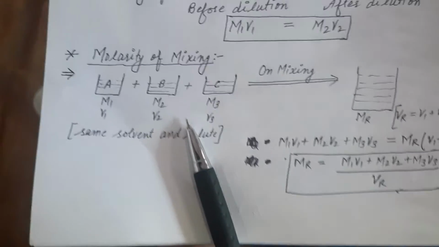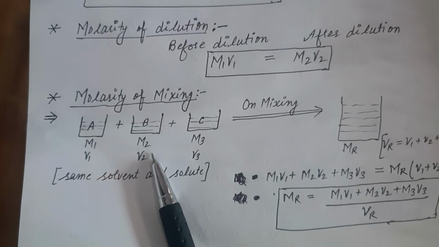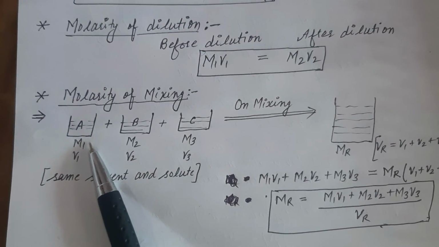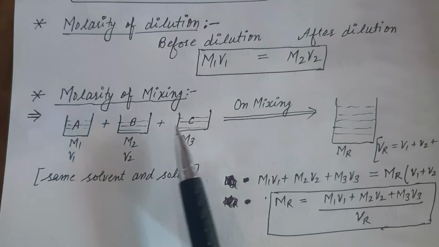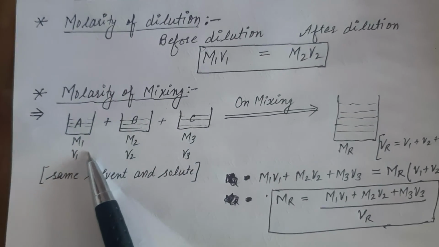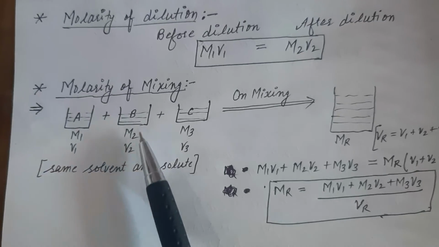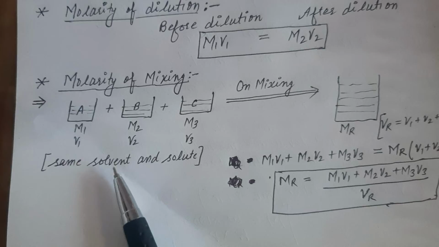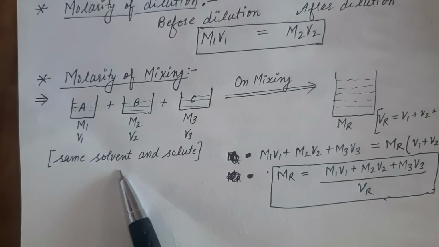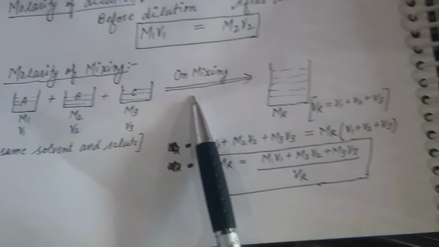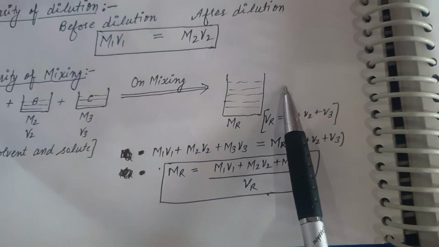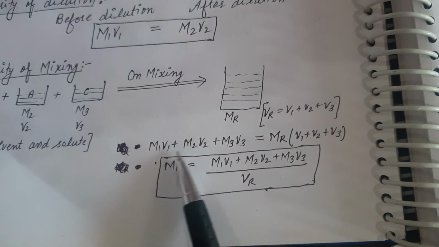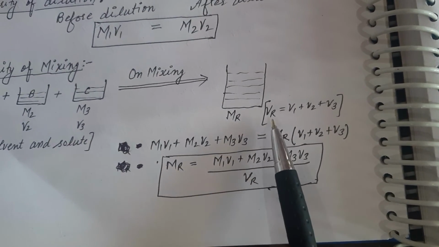Molarity of mixing. There are three solutions A, B and C having molarity M1, volume V1, molarity M2, volume V2, molarity M3, volume V3, but all these solutions have the same solvent and same solute. On mixing, what will be the resultant molarity? It can be found with the help of this expression.